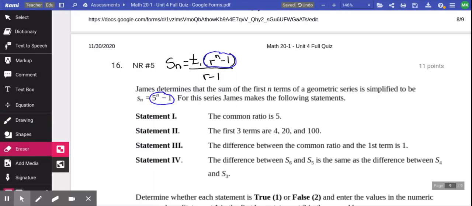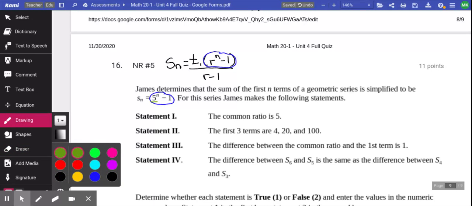If we're assuming that these two blue parts match up, then it also means I can assume this 5 must be R. So that means he must have had S of n equals T of 1 times 5 to the n minus 1, divided by 5 minus 1.